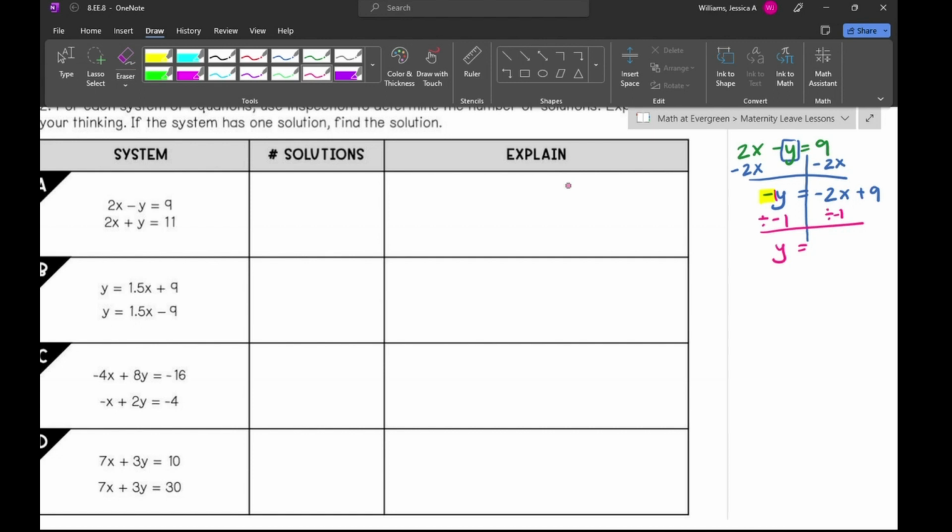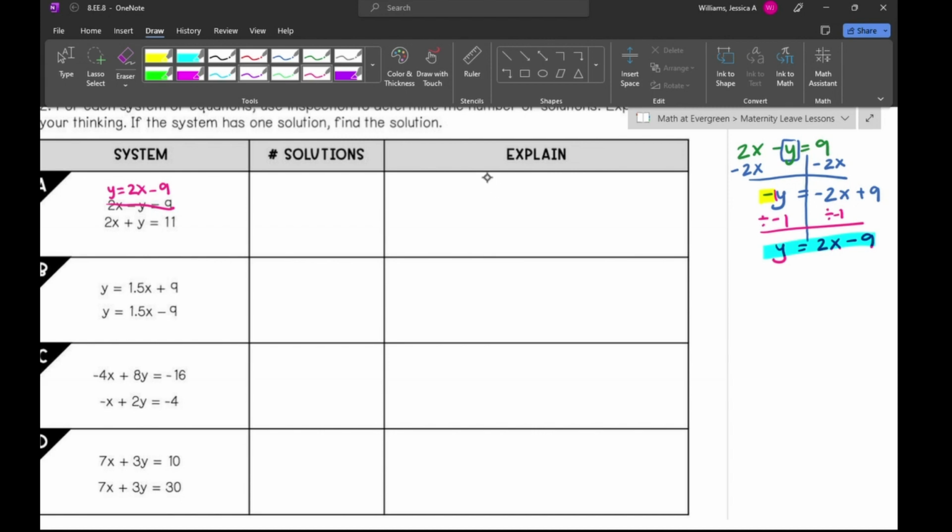So we're going to do negative 2x divided by negative 1, which would be a positive 2x. And then we're going to do 9 divided by negative 1, which would be negative 9. And then this here is in slope-intercept form, and so that is what that equation is equal to. So I'm going to rewrite this one as y equals 2x minus 9.